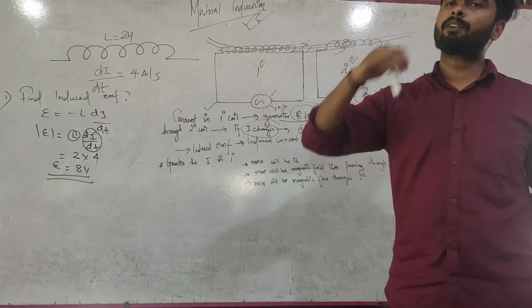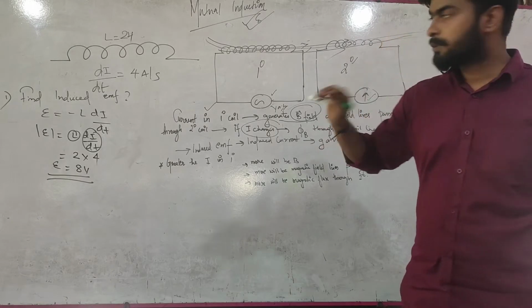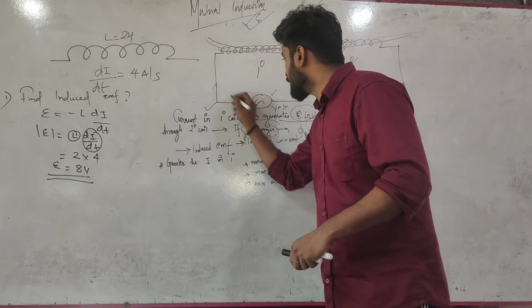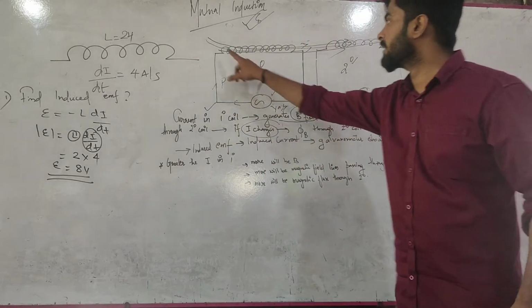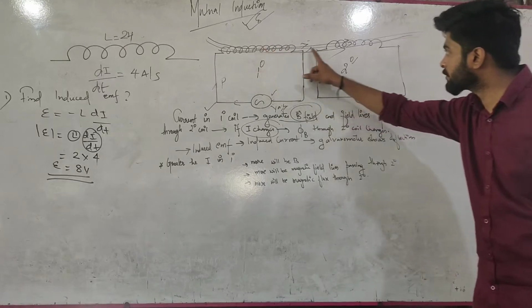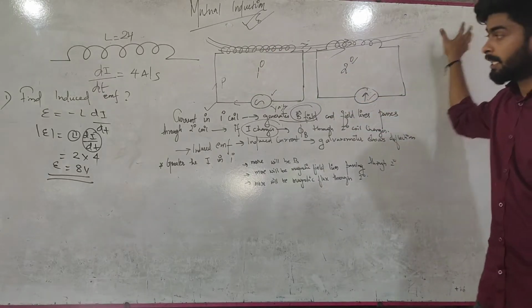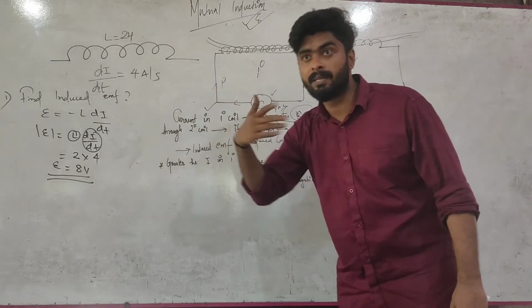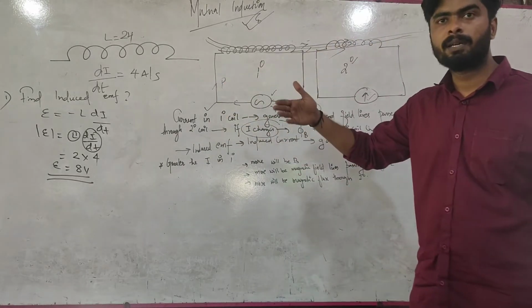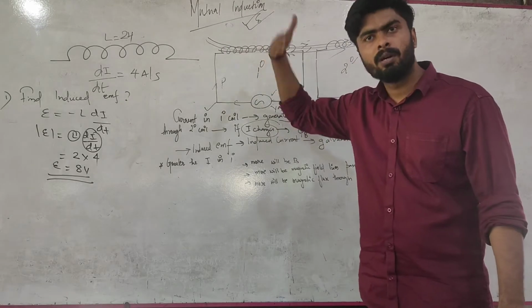A current carrying conductor always produces a magnetic field around it. And hence the magnetic field lines also pass through the secondary coil. Imagine this current is changing continuously. If the current through this coil is changing continuously, what will happen? The magnetic field it is generating will also change.